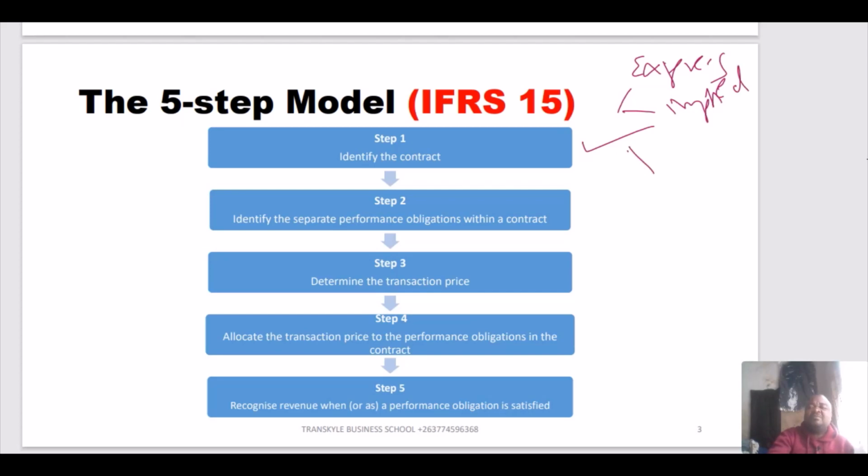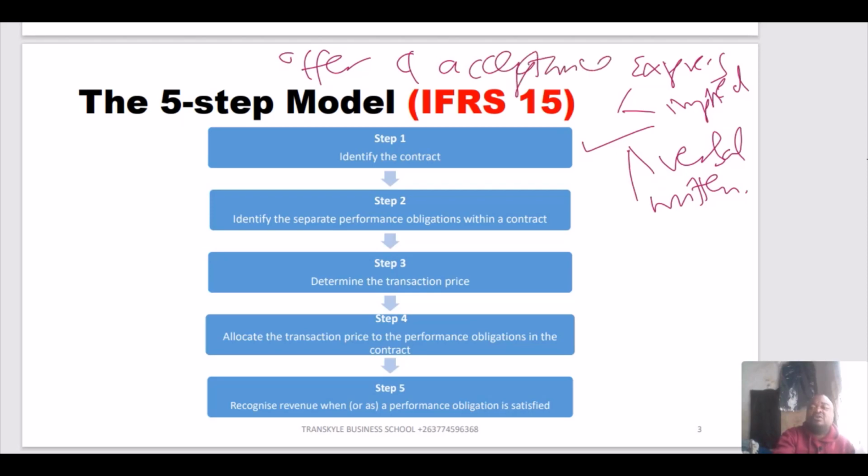Sometimes it can be verbal, sometimes written. But the bottom line is it should be a contract. And we know of those issues to do with the offer and acceptance. That's the contract we are talking about, ladies and gentlemen.